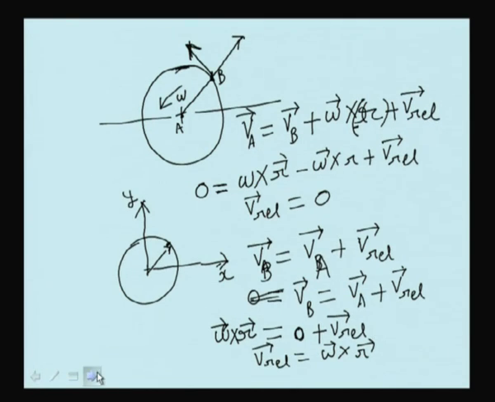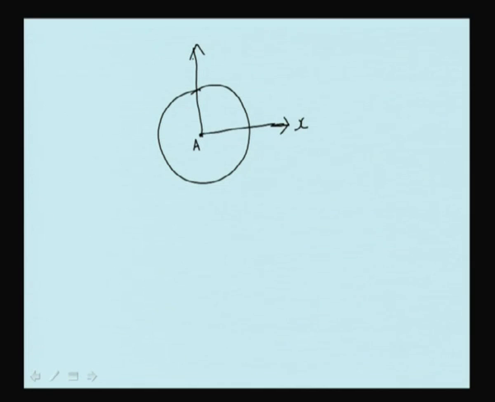However, what happens if the axis system, although it is attached at A, unlike in the previous case, is not fixed, but is also moving with the disk? In that case, we have an axis system which is having the velocity omega. Now, consider a particle B here.